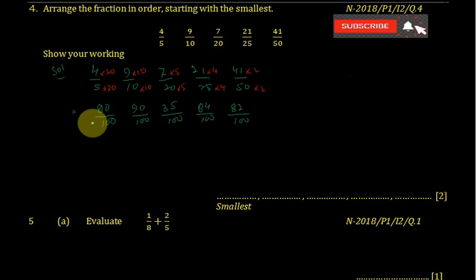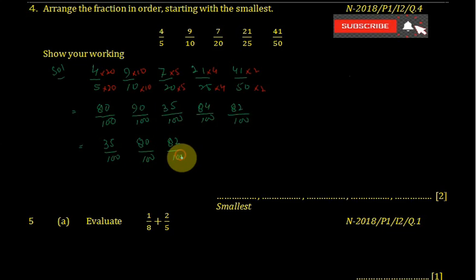So the denominators are the same. When the denominator is the same, we can compare the numerators so that we can easily classify which number is smaller and which is higher. So 35 is the smallest, so we write 35 upon 100, then 80 upon 100, then 82 upon 100.